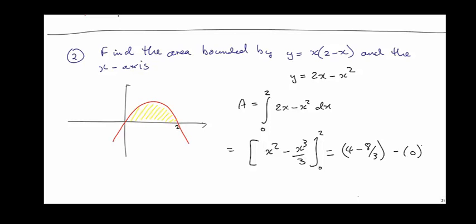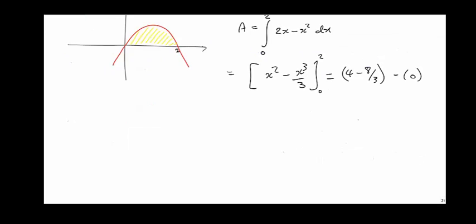Substitute 0, we get 0, and so 4 minus 8 thirds is 12 minus 8 over 3, which is 4 over 3 square units.